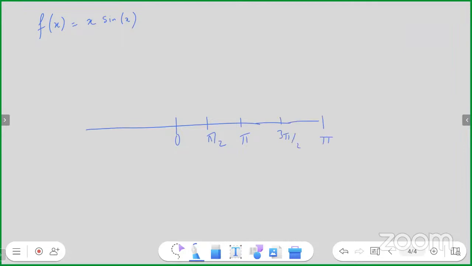Draw y equal to x and then draw the sine. The amplitude will be higher and higher. This is my y equal to x line. Is that what you're saying? No, that is x plus sin x.